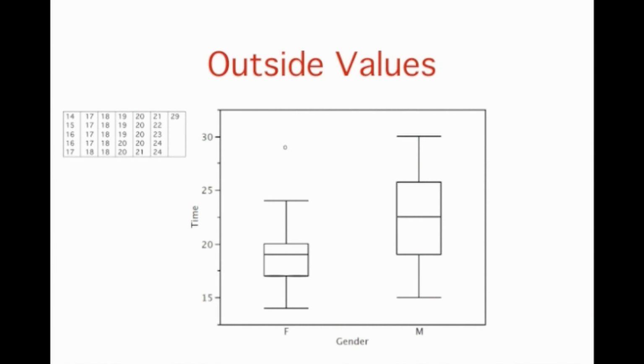Notice that there is one value that meets this criterion, 29. This value of 29 is therefore an outside value. Outside values are indicated by small o's. Values that are beyond the outer fences are called far-out values. These far-out values are marked with asterisks. We have no far-out values in these data.